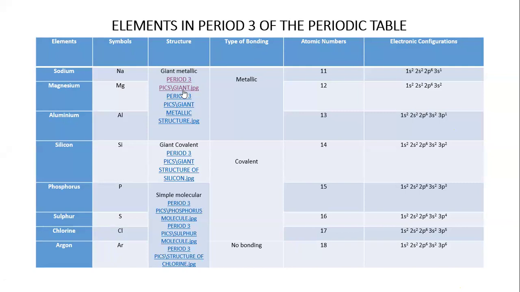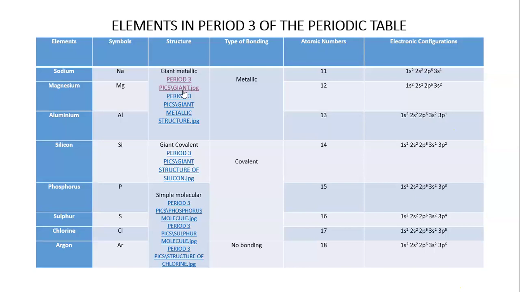So this is the giant metallic structure. This is the giant metallic structure in 3 dimensions. Where you see this one in green may be the atomic, we can call it the cation, and this is the electron.